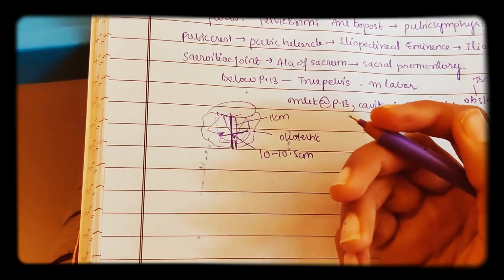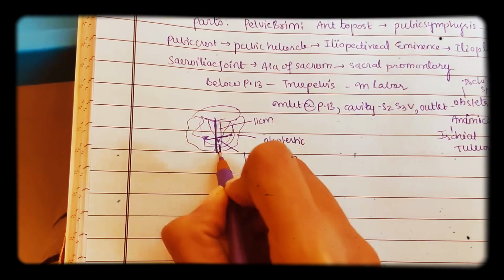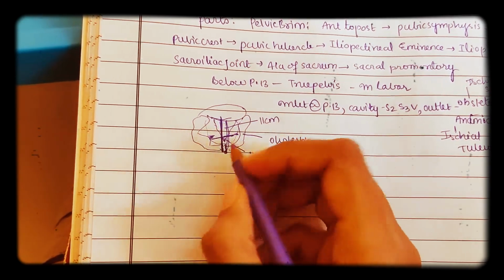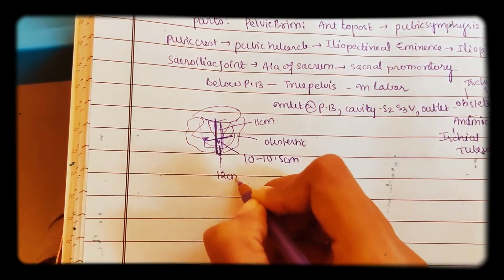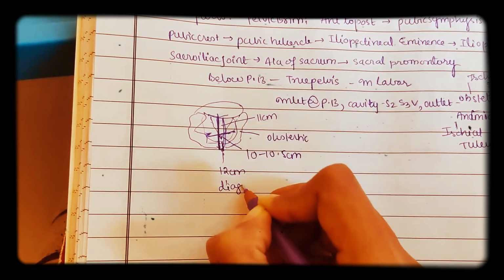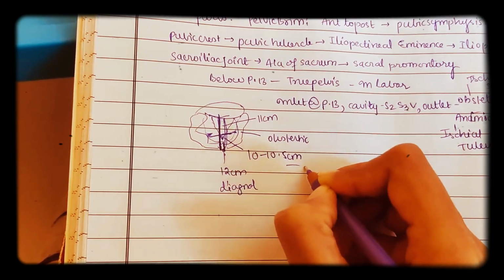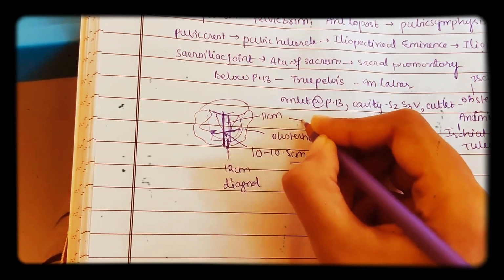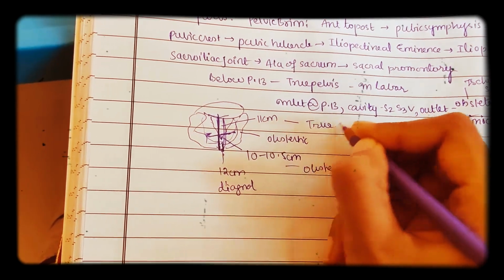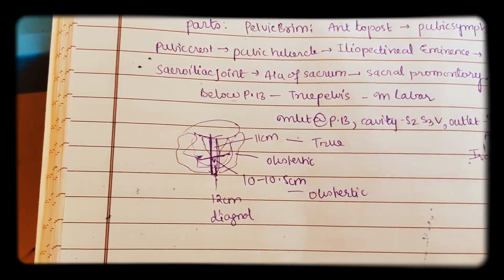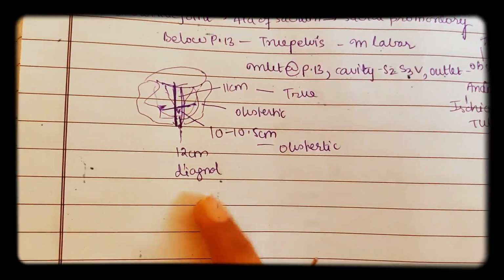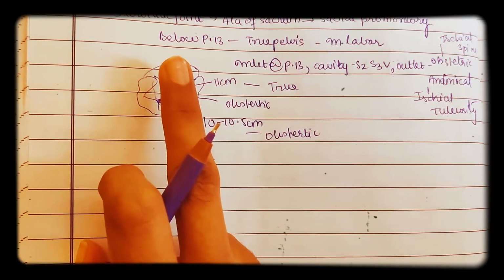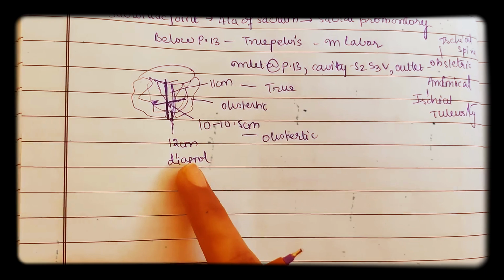And the next one you have is diagonal conjugate. It is from the lower border of pubic symphysis to the sacral promontory, and this is 12 centimeters. So 12 centimeters is diagonal, this one is obstetric, and 11 centimeters is the true conjugate. Among all these, the longest one is diagonal conjugate, from the lower border of pubic symphysis to the upper part of sacral promontory, that is 12 centimeters.